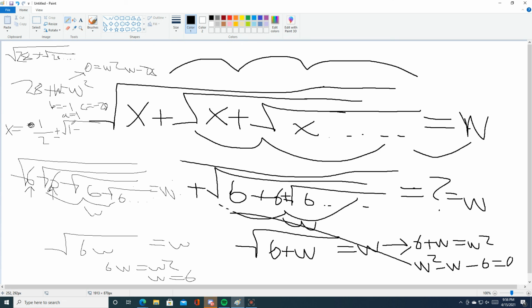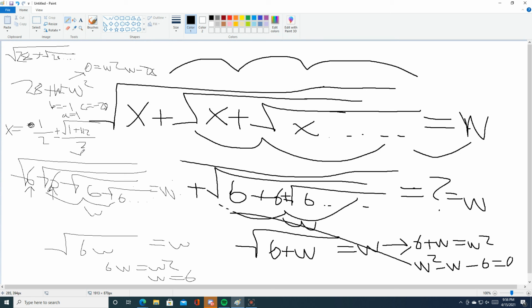I said that backwards earlier, my fault. So 4 times a times c is negative 112, and that's a plus here now. And then all that over 2a, so it's 2 again.